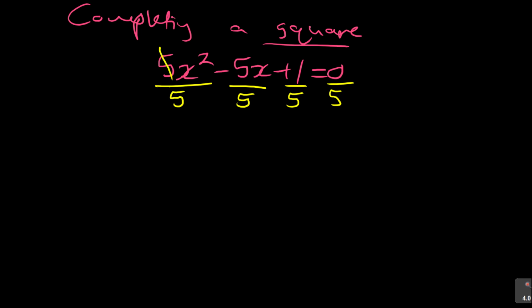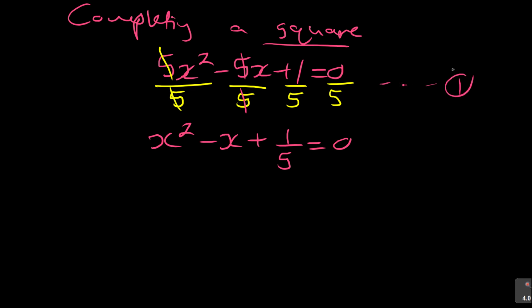Do you see that? That's the first part. So what you'll have is x squared minus x plus 1 over 5, leave it like that, is equal to 0.